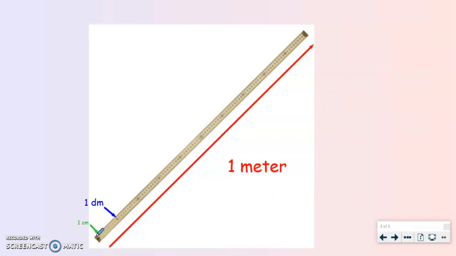You know how it almost looks like a solid black line going along the edge of the meter stick? Those are actually all millimeter marks. They're so tiny that when you're zoomed out like this, it looks like a continuous solid line. So there are tiny little millimeter marks inside here, and each of the numbers represents 1 centimeter.